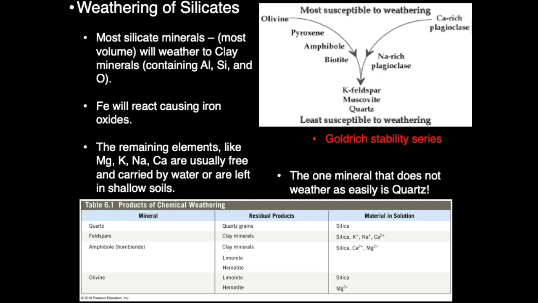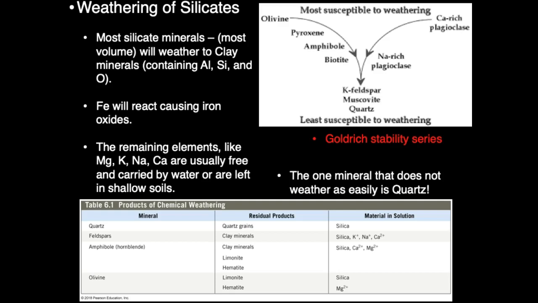Quartz is then a very resistant mineral overall to weathering, both due to its hardness, which will combat physical weathering very well, and its lack of chemical reactions that it can form, so that way combating chemical weathering.